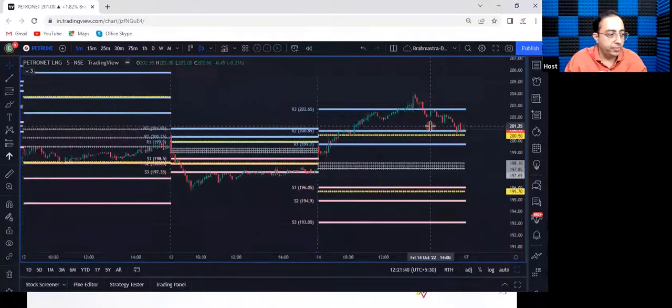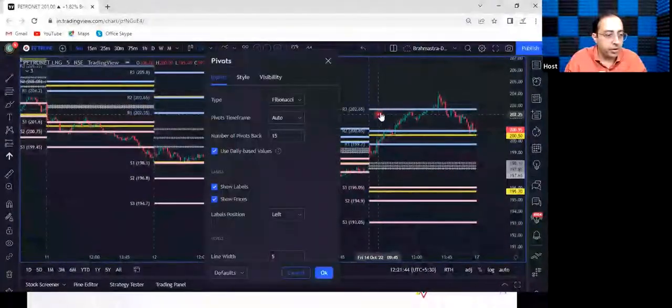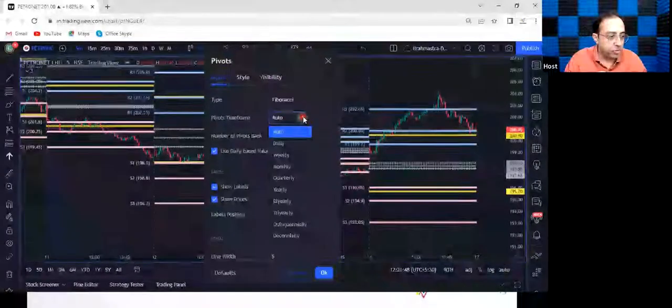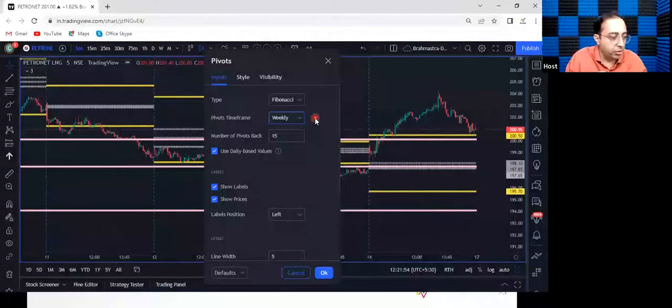Is my chart visible to everyone? Okay. I am going to change the time frame to weekly.